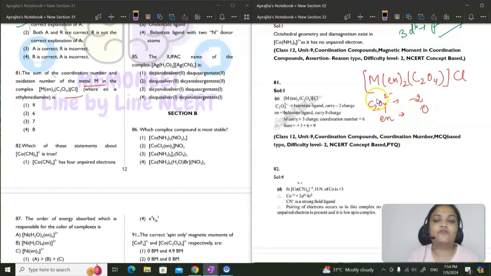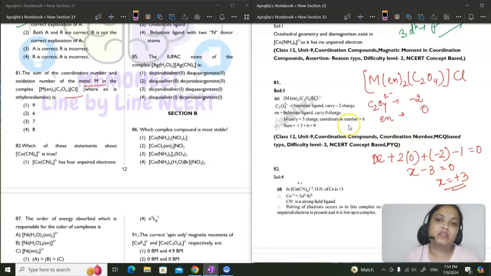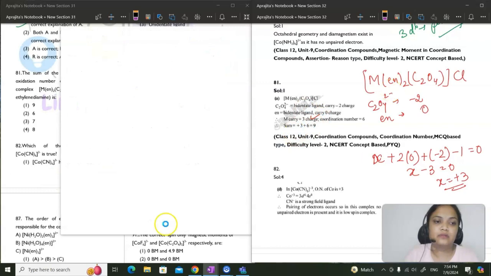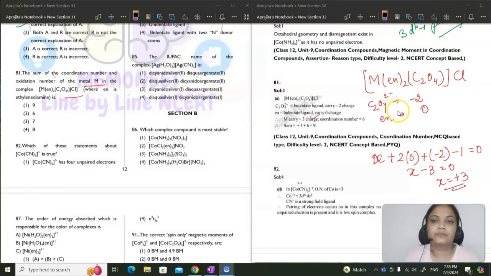For the oxidation number, take the metal as X, then 2 into 0 for ethylene diamine, then -2 and -1 for chloride. So X minus 3 equals 0, so X equals +3. So +3 is the oxidation number. Now the coordination number will be 6 because they are both bidentate ligands. So 4 for ethylene diamine and 2 for the oxalate.